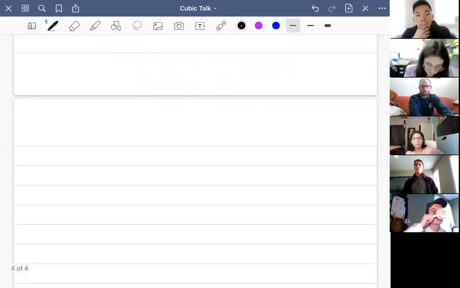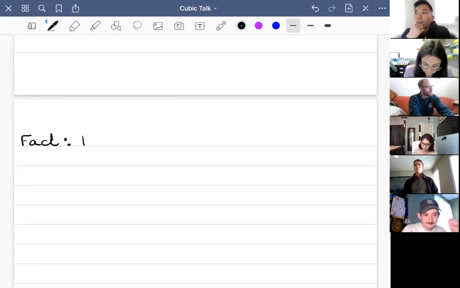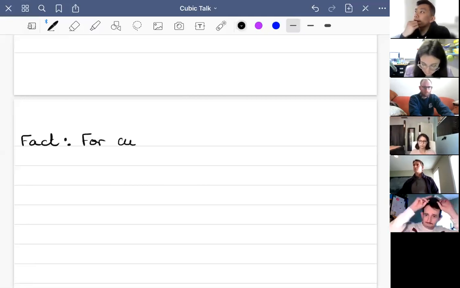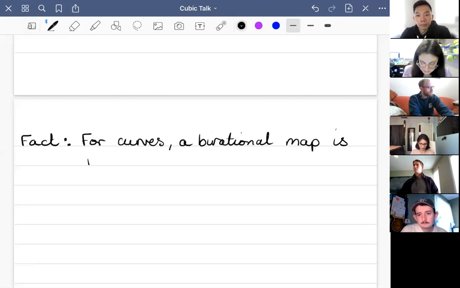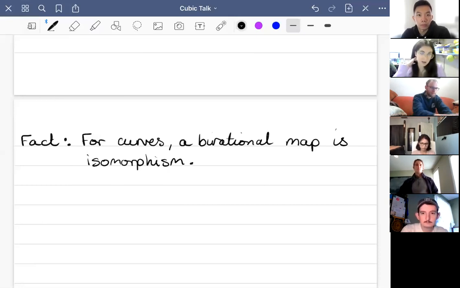Okay, so here's another fact. For curves, birational maps are actually much easier. For curves, a birational map is just an isomorphism. If I have a birational map between curves, the only place it can be undefined is essentially a bunch of points.